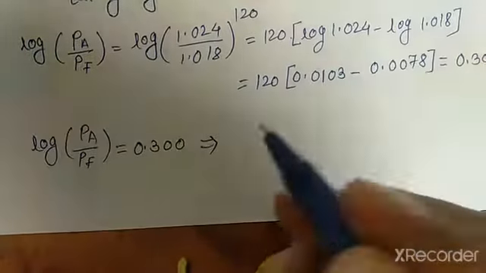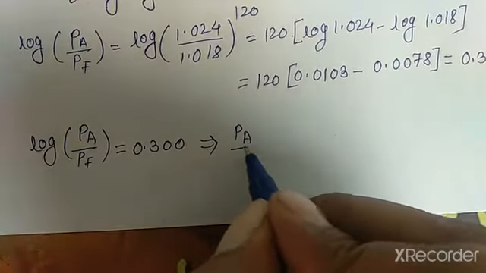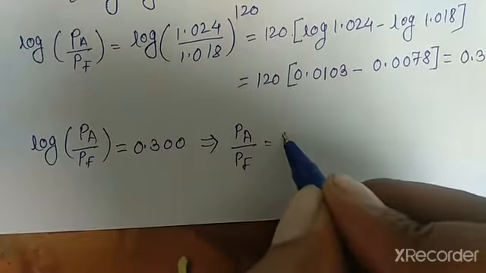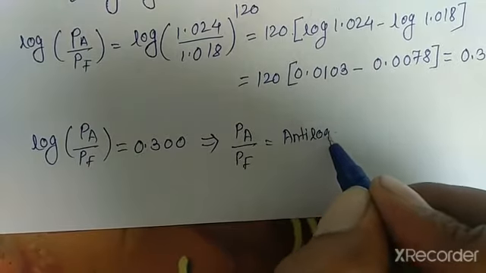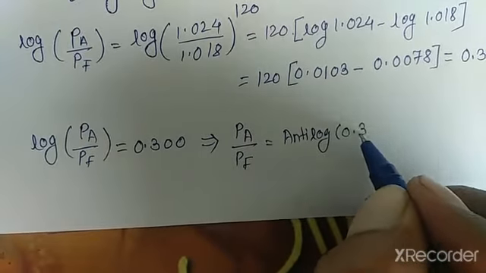So PA upon PF is equal to antilog of 0.300.